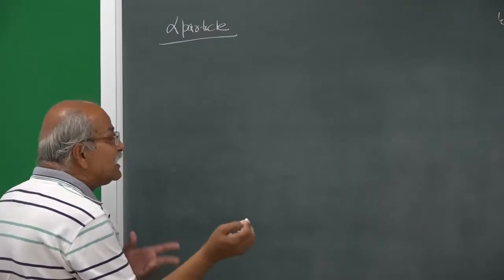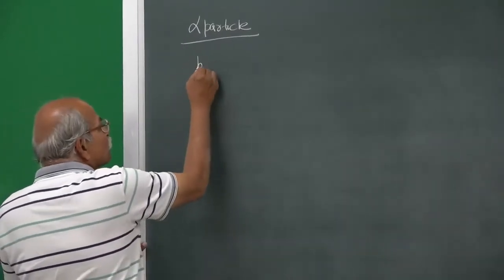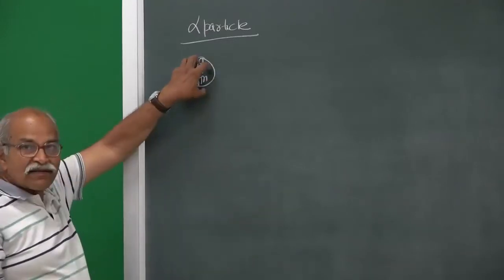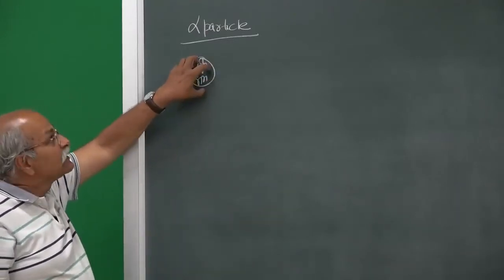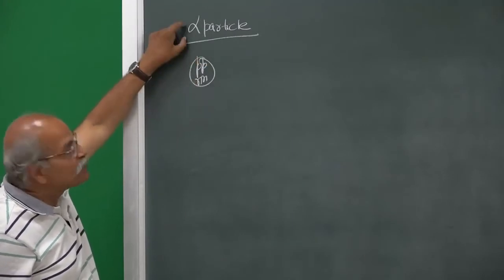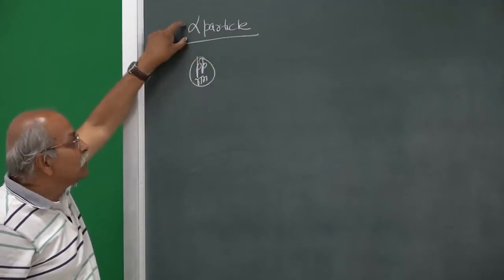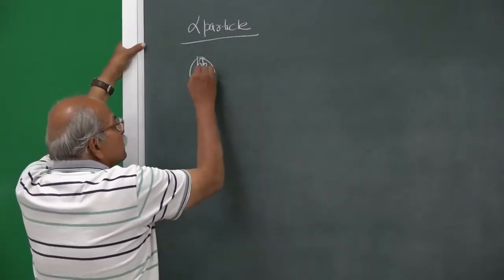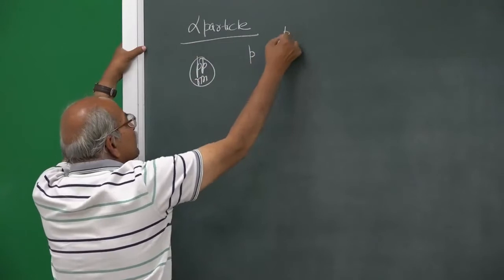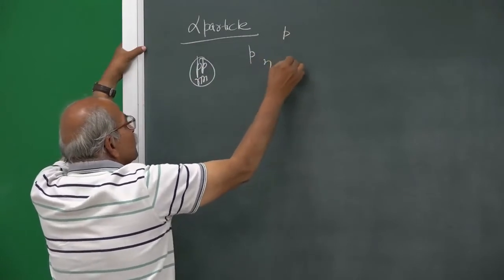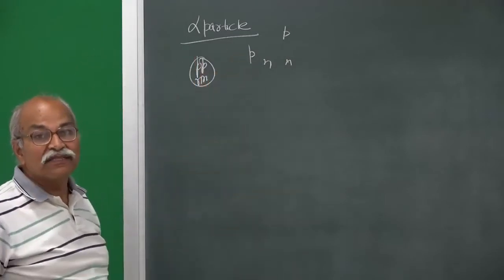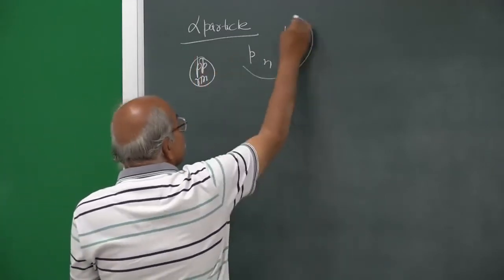So, the nucleus of a helium atom is 2 protons and 2 neutrons bound together in a very small volume, that is the helium nucleus, which is also called an alpha particle. Now, if you consider the 4 particles separately, P, P, N, N, not in a nucleus but separated from each other, what is the rest mass here?